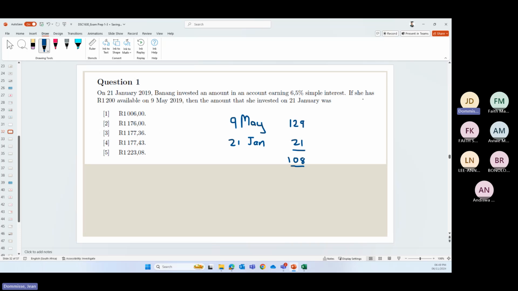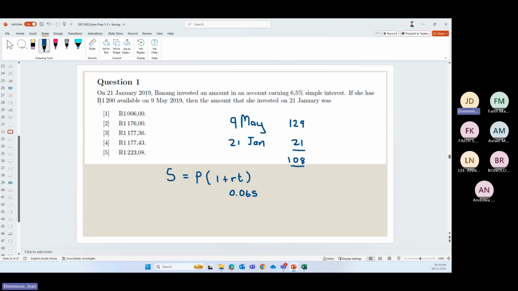So then we're basically going to use the simple interest formula. So simple interest formula looks like this. And let's see. So Benang invested an amount in an account earning 6.5%. So that is 0.065.